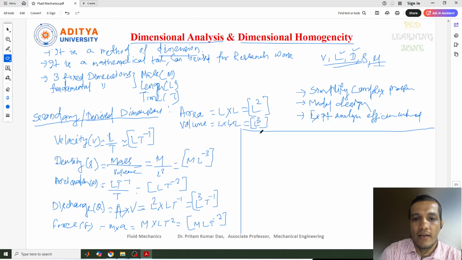For dimensional homogeneity, let me consider an equation related to the Pitot tube. We have studied in the Pitot tube topic how to calculate the velocity of a fluid.